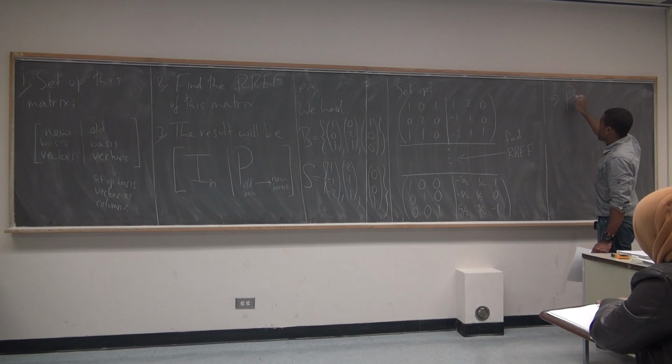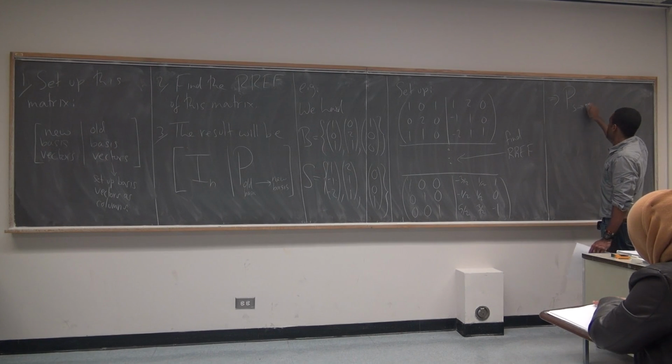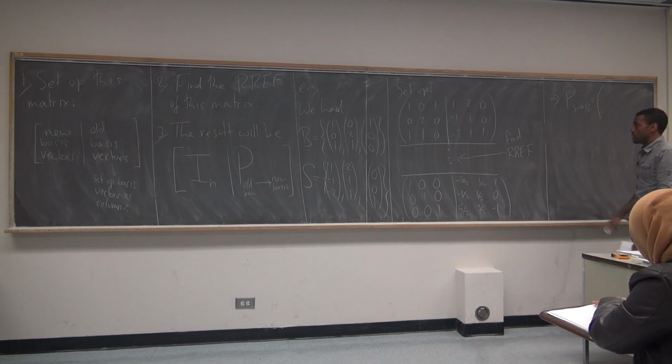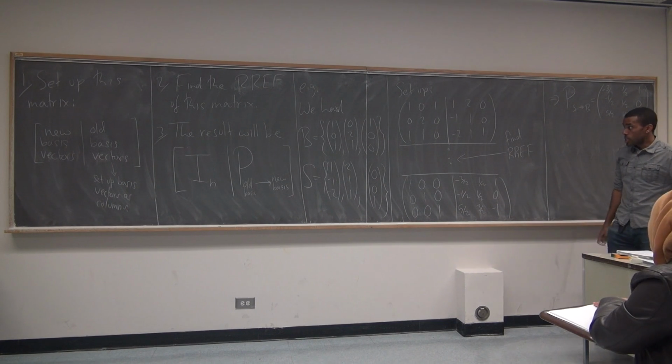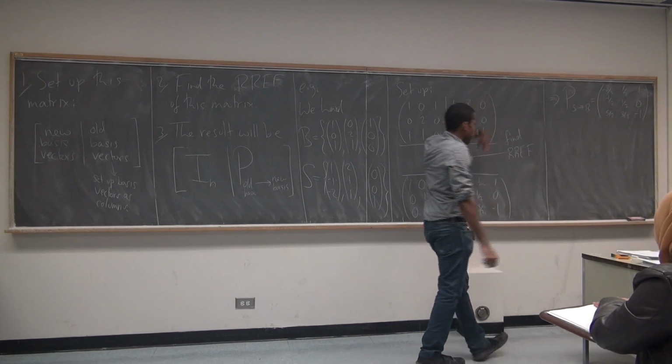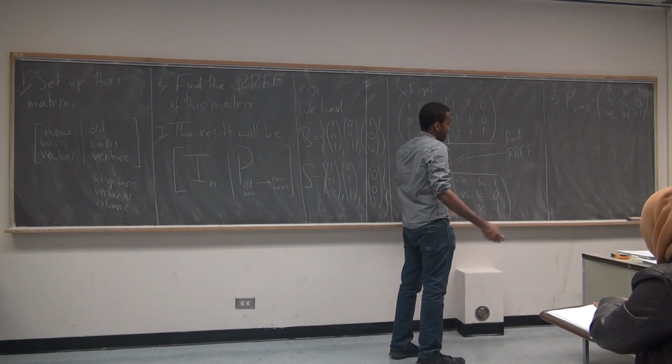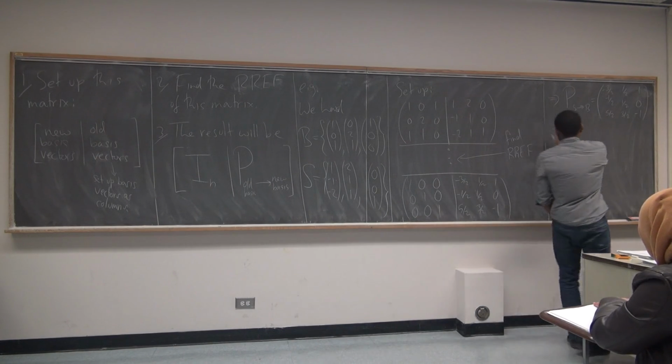Which would have implied the transition matrix from S to B would be that matrix. So this is literally changing each basis vector all at once. It's crazy, some remarks here.